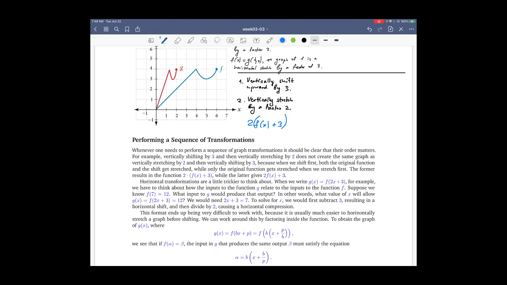Is it the same as doing these operations in reversed order? Let's think. In the reversed order, we will first stretch by a factor of 2.